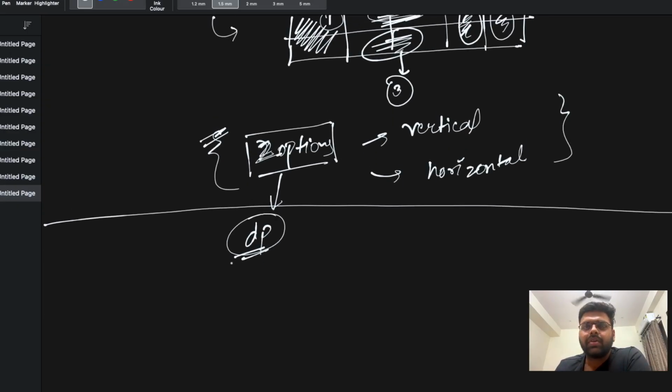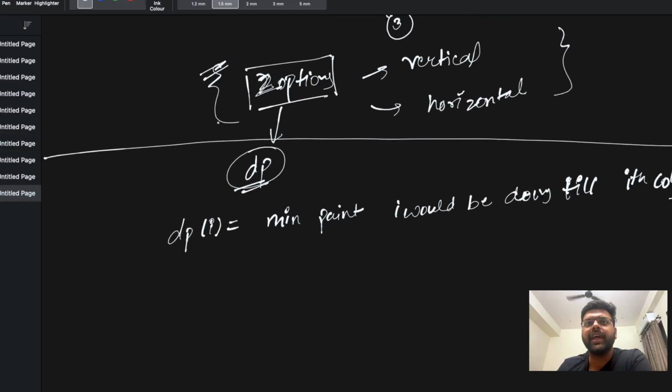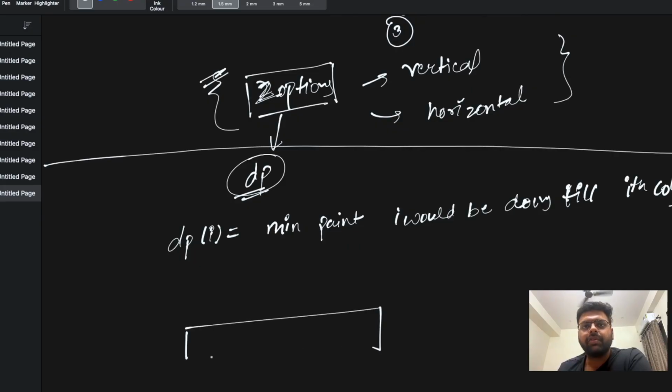Okay, so here a DP state would actually be something like minimum paints, like the minimum paint I would be doing till the ith column. It means simply: what is the minimum number of paints?